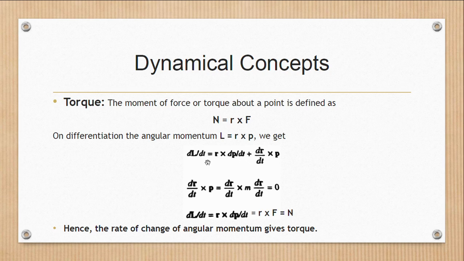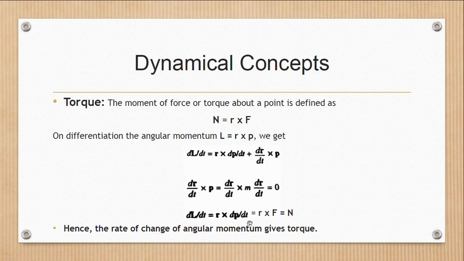So we can say that dL by dt is equal to r cross dp by dt. Now dp by dt, the rate of change of linear momentum, will be equal to F. Force, according to Newton's second law, is equal to the rate of change of momentum.